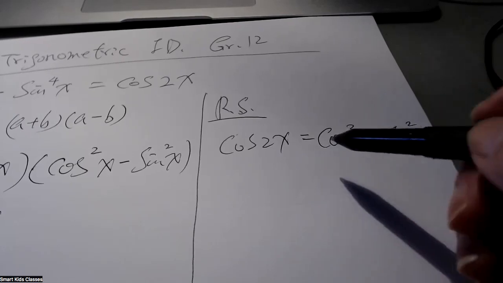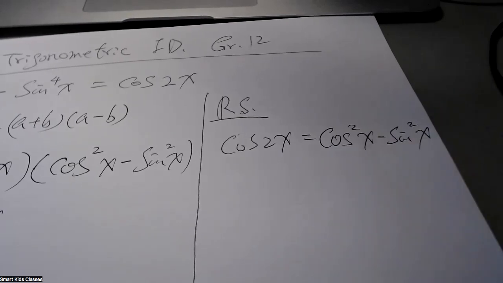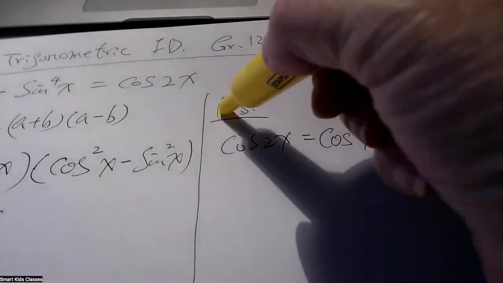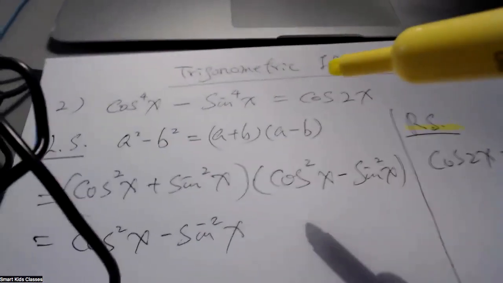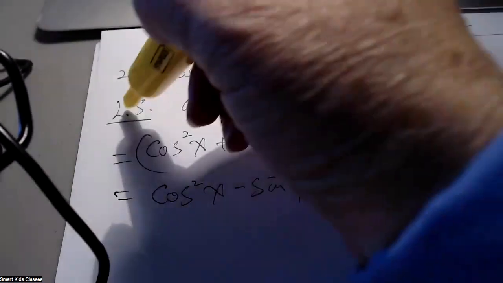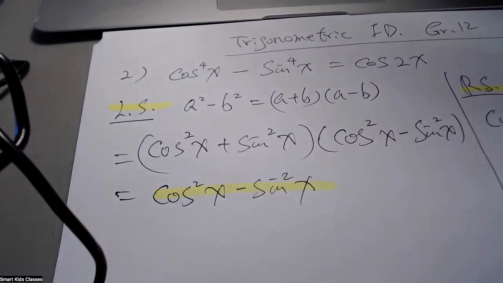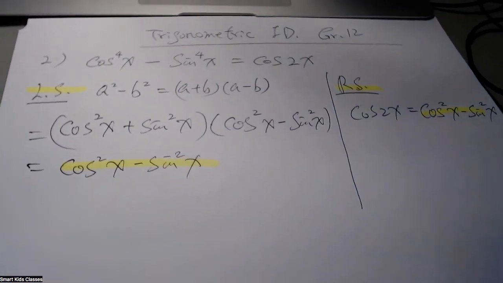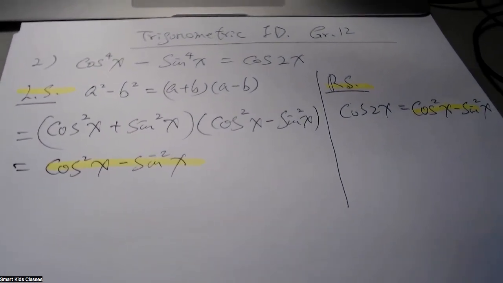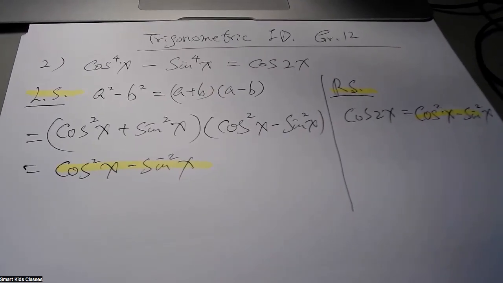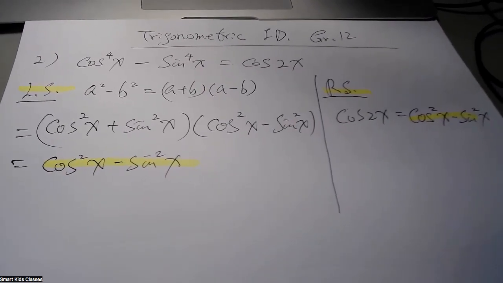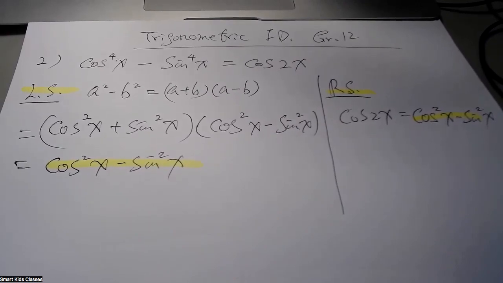Therefore, left side is equal to right side. We underline it, so left equals right, and that's question 2. Pretty simple, solved in a simple way. Let's look at question 3.